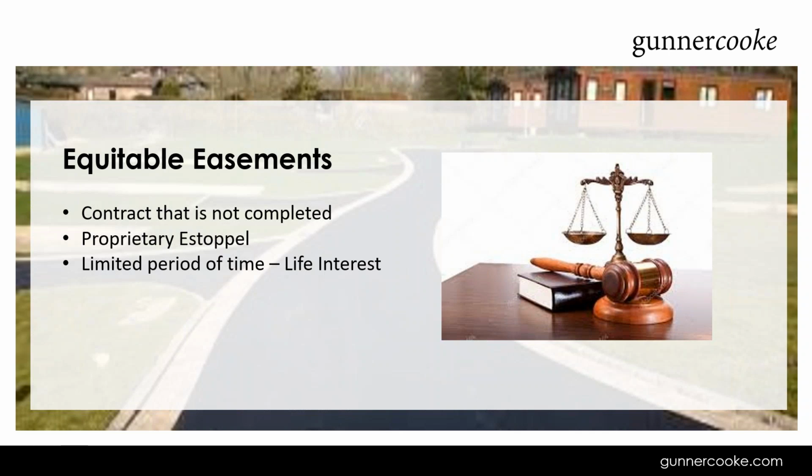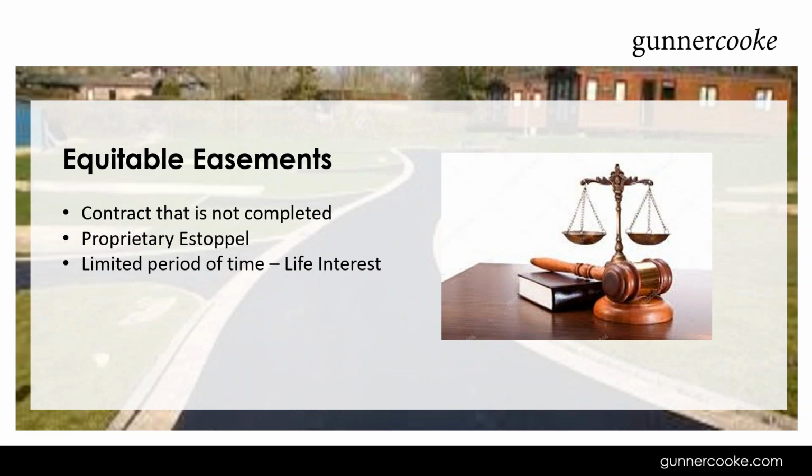The second one is what's called proprietary estoppel, which I'm not going to get into too much detail, but that's essentially where the servient owner allows the dominant owner to believe that they have got an easement. The dominant owner then goes and does something to their detriment, and then the servient owner seeks to take advantage of it.